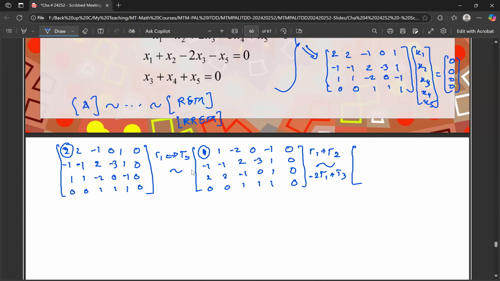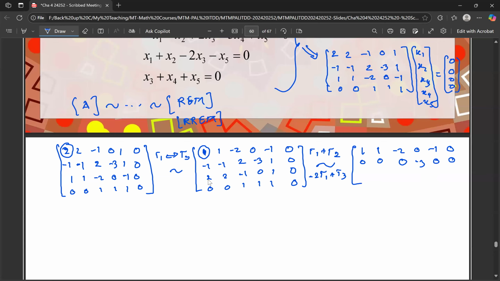So row 1 is not affected, so we can copy it. Then the 2 will be changed and become 0, 0. This is 0, this is -3, this will be 0, and 0 here.